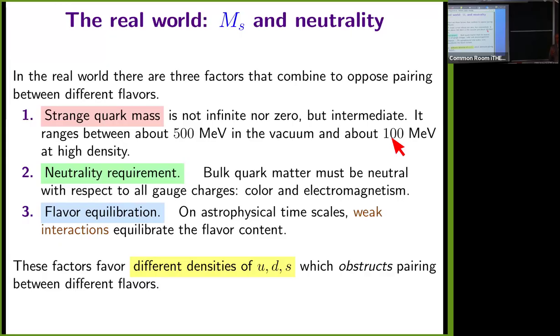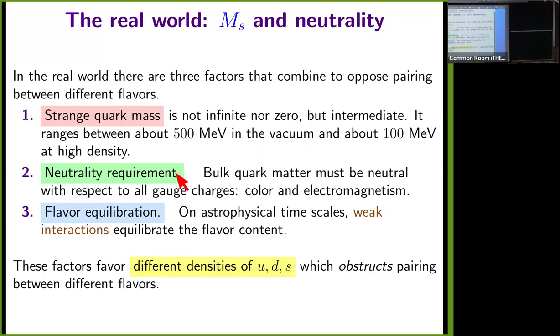Okay, it's about 1/3 of the chemical potential for baryons. And it's about the same actually as the confinement scale of QCD. So it's really right where you don't want it, right? You have no separation of scales that you could use to deal with the strange quark mass. And so the strange quark mass isn't zero. It's right about the 100, few hundred MeV range.